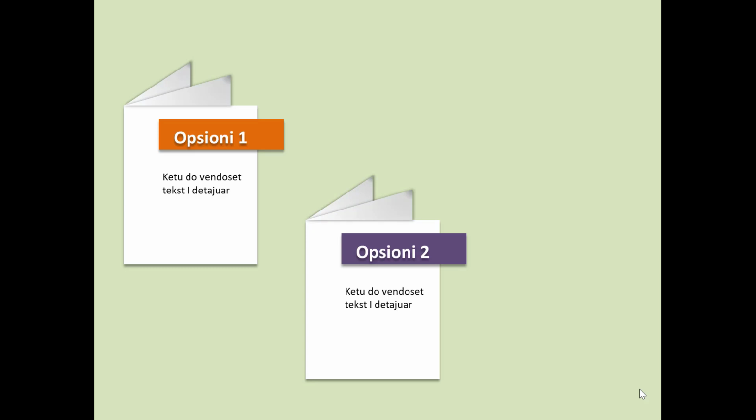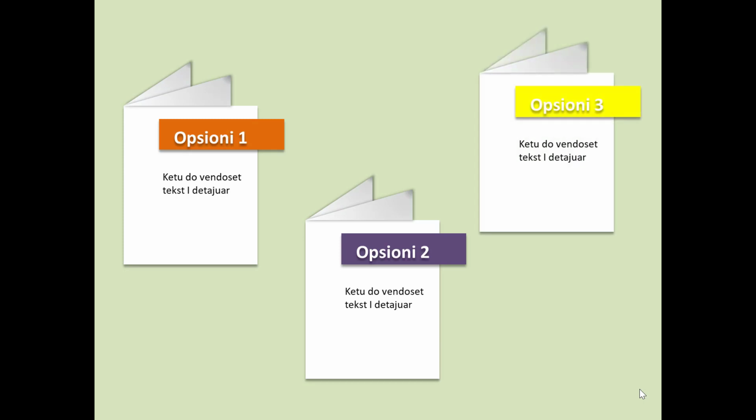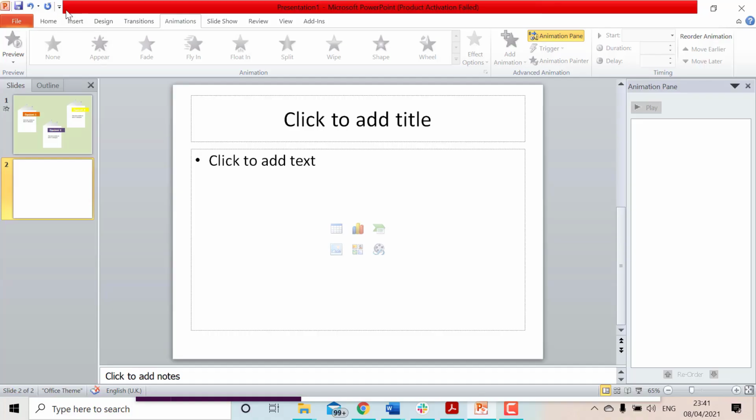They come in the form of a book with concept 1, and the second option in the form of a book with option 2, and so on. We can create more than 3 books, and this is the basic infographic, but let's see how to do this in PowerPoint.